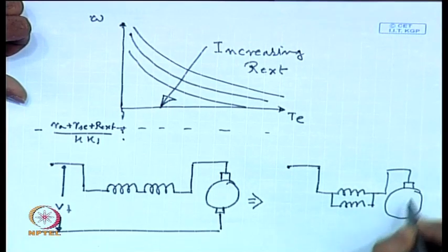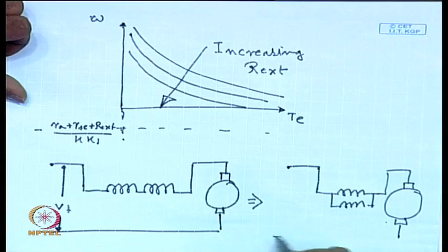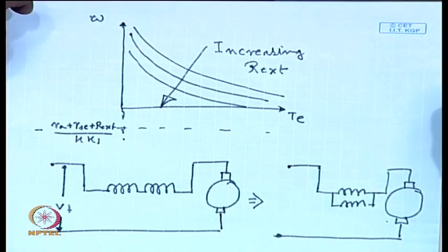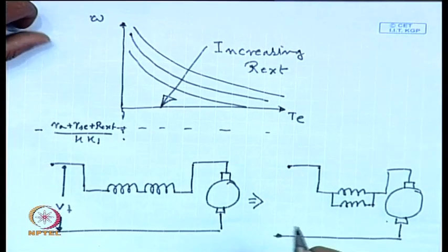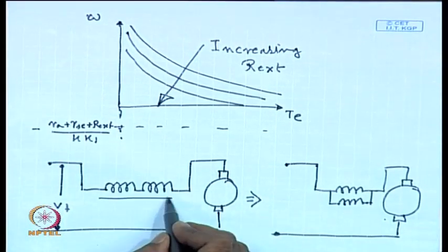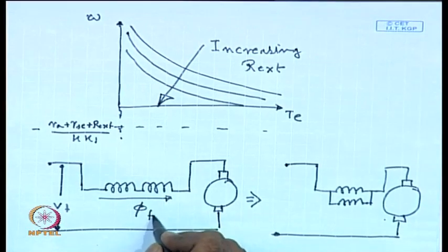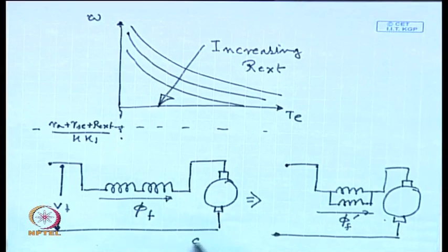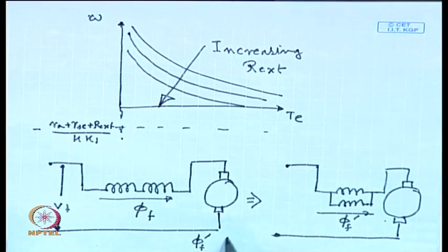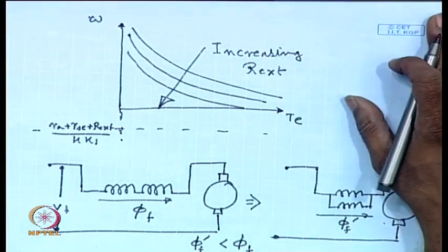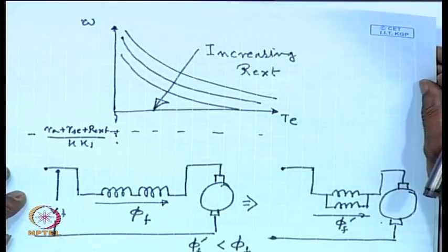This way also we can change the torque speed characteristics of the motor. This has the effect of reducing the field flux. If this was phi f and this was phi f dash, then phi f dash will be less than phi f, and the torque speed characteristics will shift upwards.